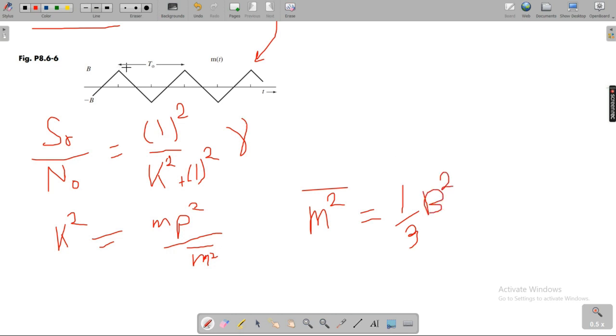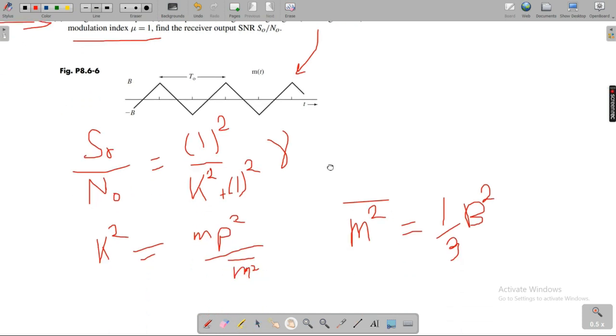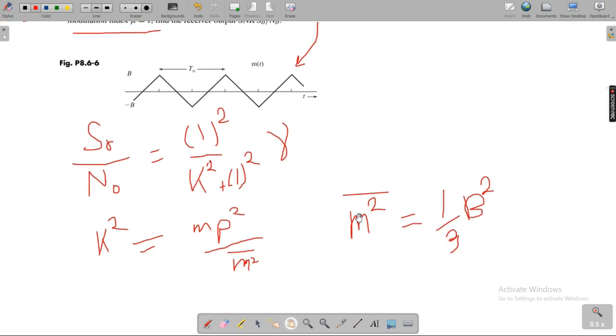B, it is the value here, the upper and the lower bounds of my signal. So the mean value, the squared mean value of the signal, that it's not for every signal. It's only for my desired signal, which is the periodic triangle message signal, this one. So this is something to know or learn by heart. It equals 1 over 3 multiplied by b square.